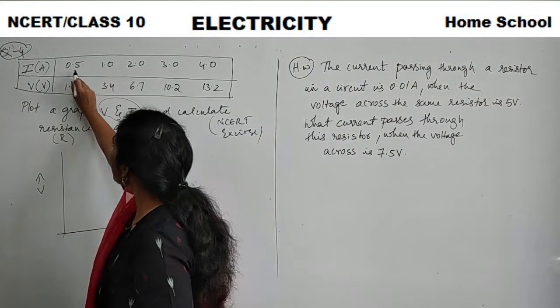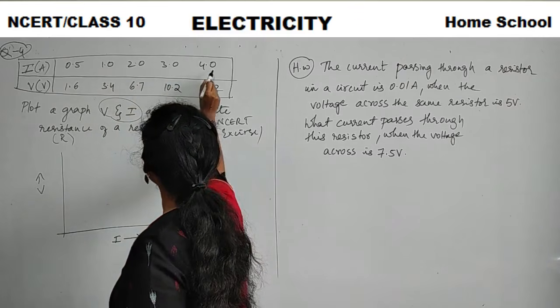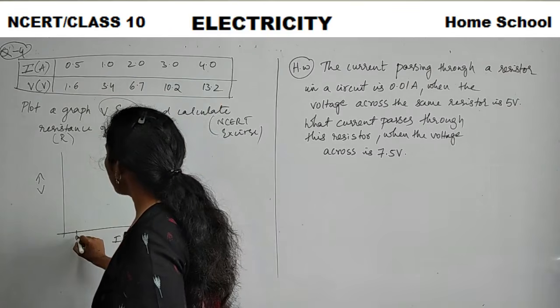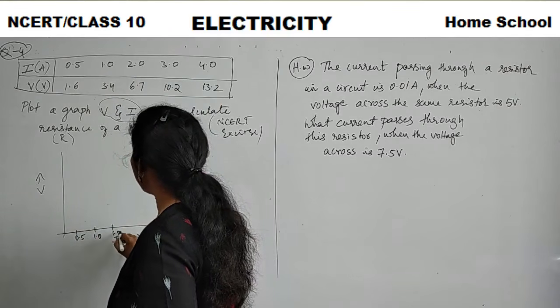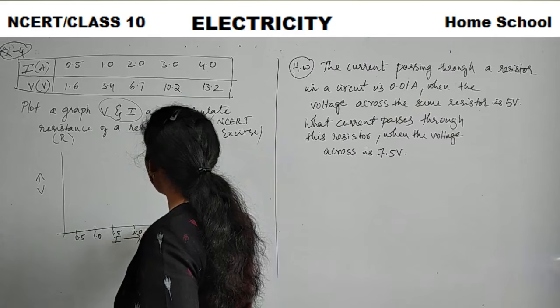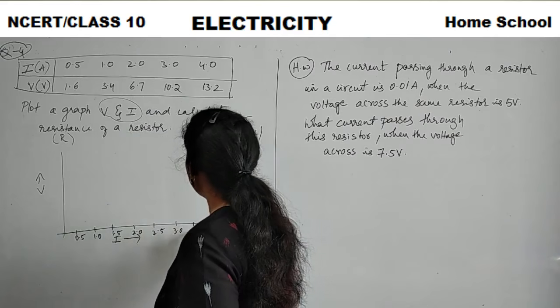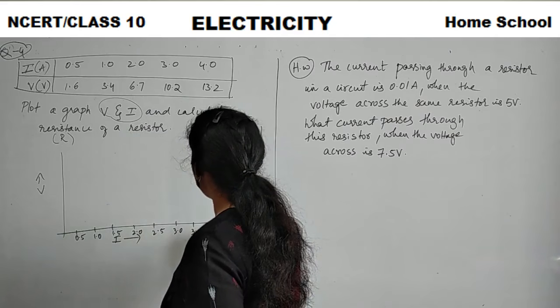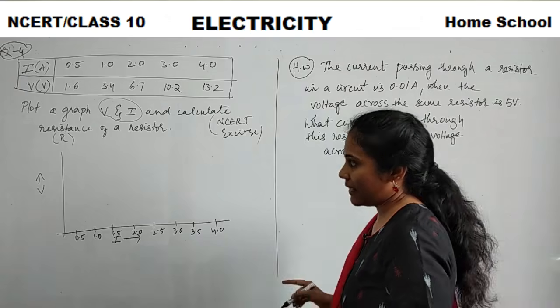See the I values 0.5, 1, 2.0, 3, 4, right? So let me take it as 0.5, 1.0, 1.5, 2.0, 2.5, 3.0, 3.5 and 4.0. Okay, so this is how I take my x-axis.